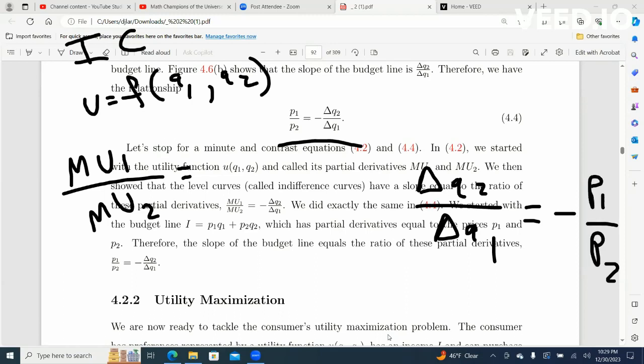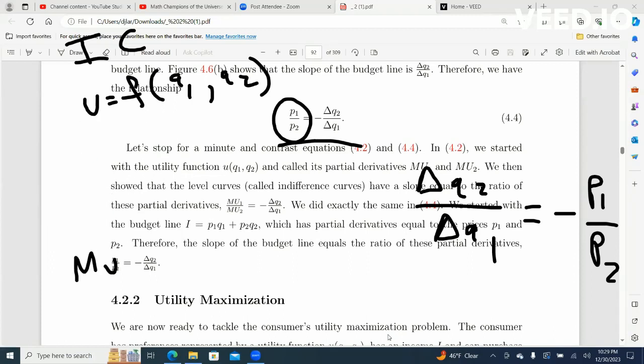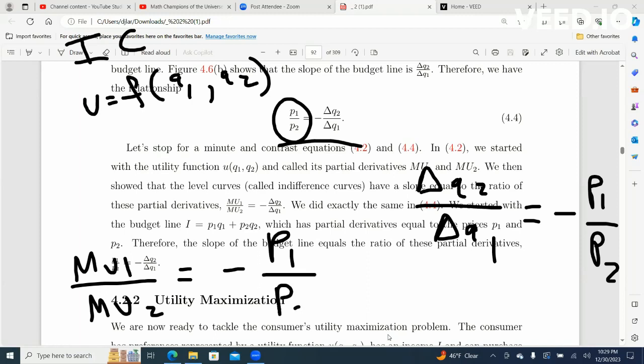But we have this right here, and we have to do it right. I'm sure they write it in there somewhere. Let's erase that because we want to write it correctly. We want to say that MU1 over MU2 is going to equal negative P1 over P2. Yes, that will always be correct.